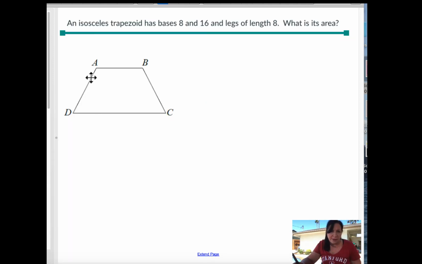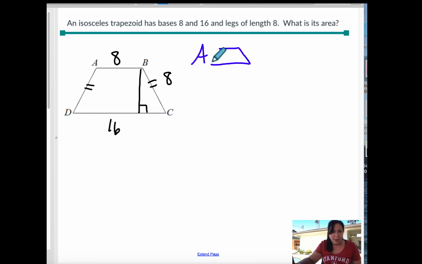This trapezoid is isosceles, which means two sides are congruent. I have bases of 8 and 16, and I have a leg length of 8, which basically means I may have to find the height, which was not given. So again, the area of a trapezoid is going to be height divided by 2 times the sum of the bases, so base 1 plus base 2.